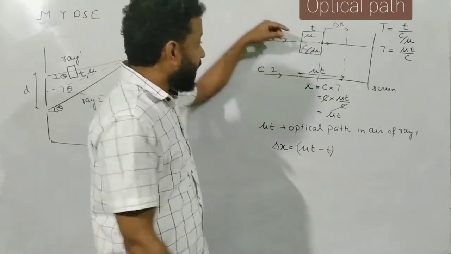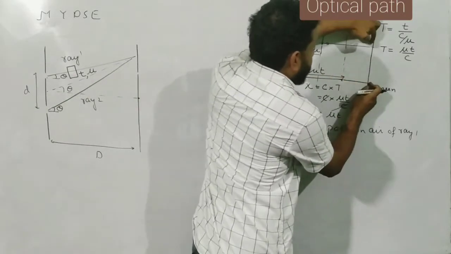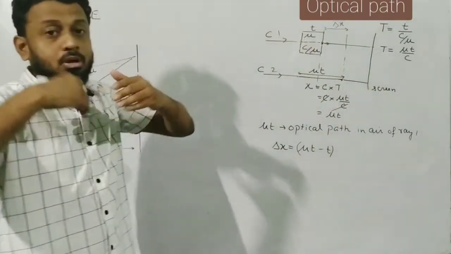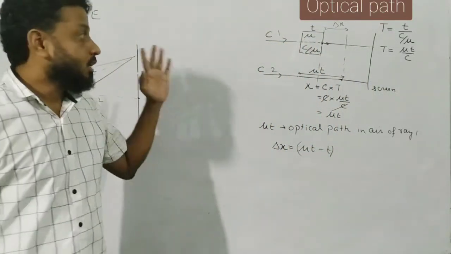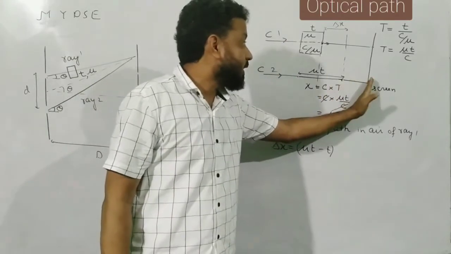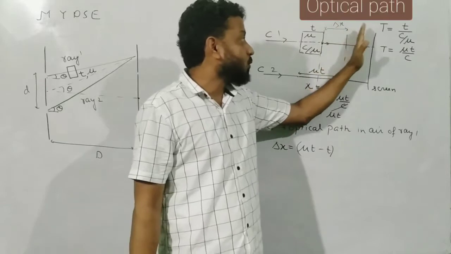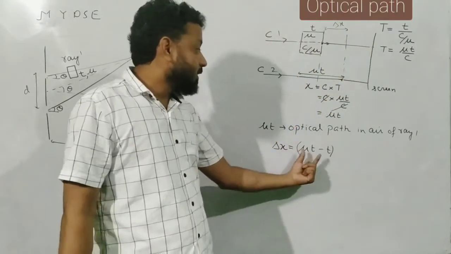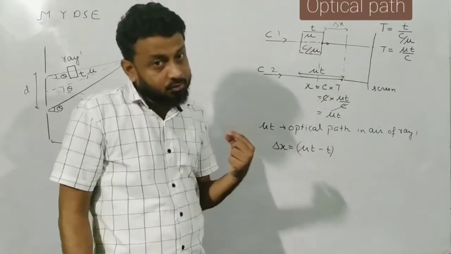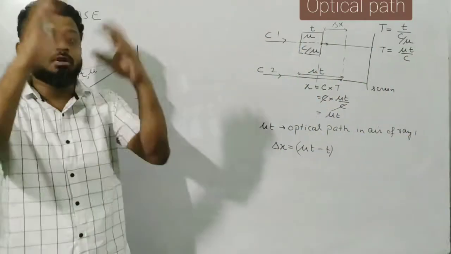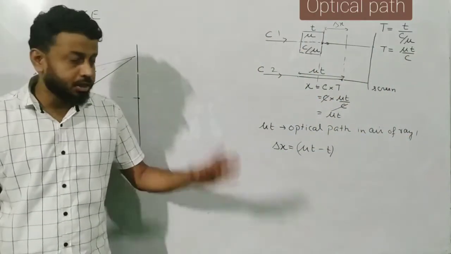If this slab would not have been here, both would have reached the screen simultaneously. But because there is a time difference, when this has reached the screen, this has not yet reached the screen. So that means it is still on its way. So after traveling this much additional distance, it will be able to reach the screen. And then it will create some interference pattern and all that we will see later on.